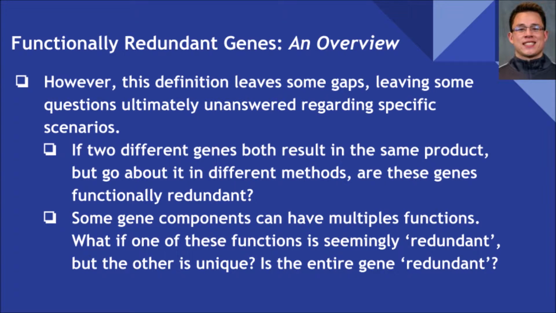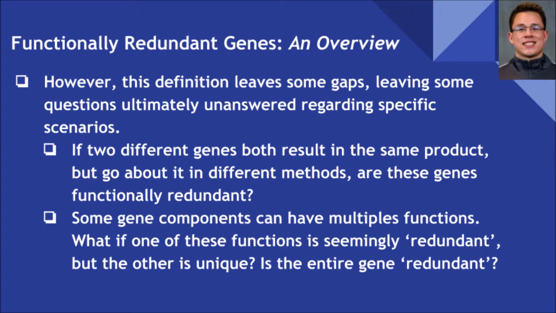With the definition I just gave you, there are some gaps, and you might have some questions, because there are certain scenarios where it's questionable. If 2 genes have the same product but go about it in different methods, are they considered functionally redundant?